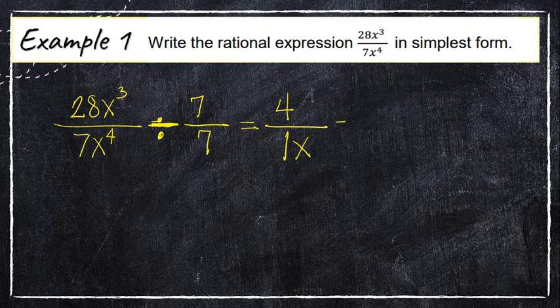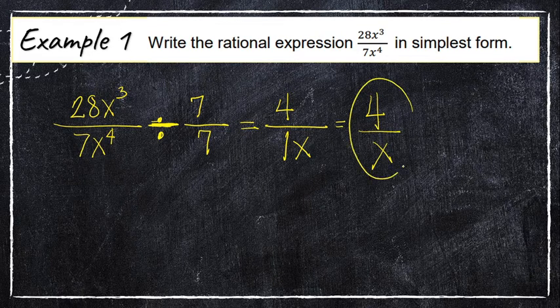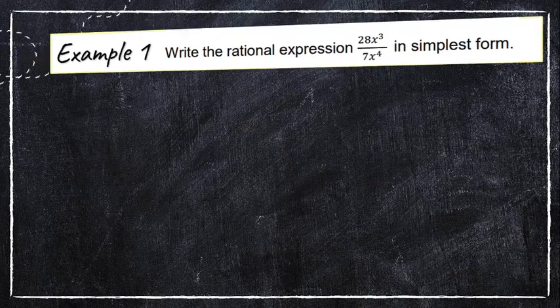So we're now going to write this as 4 over x. And this is the simplest form of 28x cubed over 7x to the 4th power.